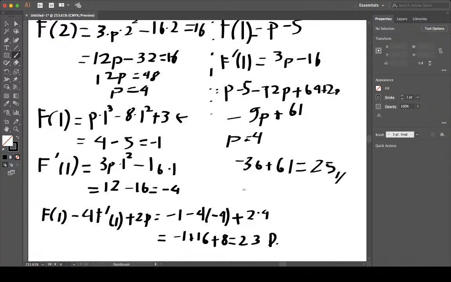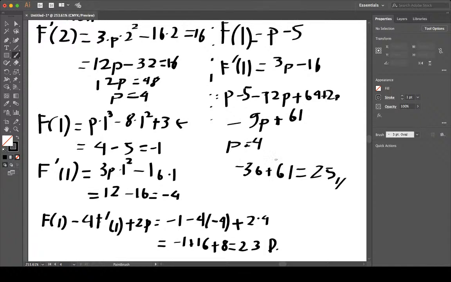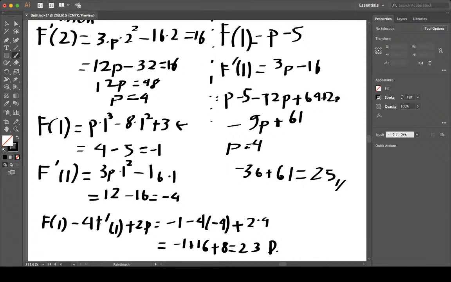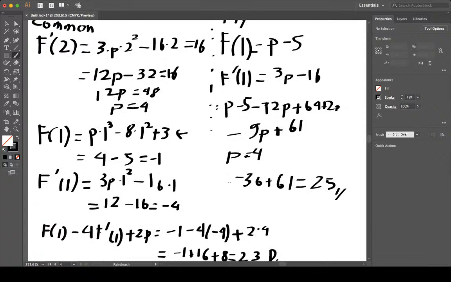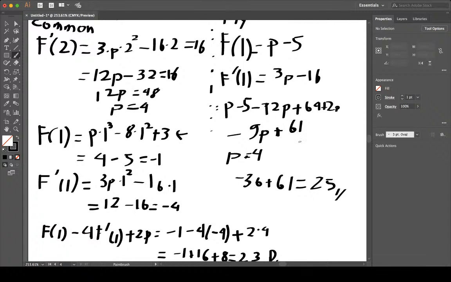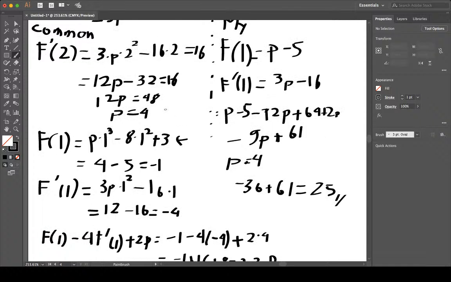That's 16, 24, and 24 minus 1 is 23. But somehow from what I got, it turns out to be 25. So something is not adding up, and I don't know where. I know that p would be 4 because I've already calculated it correctly.